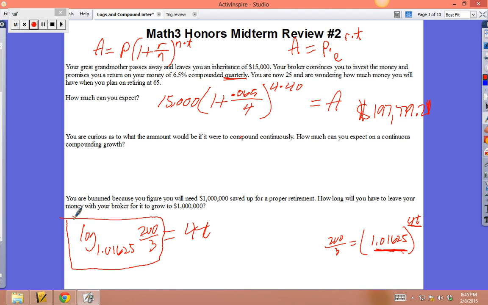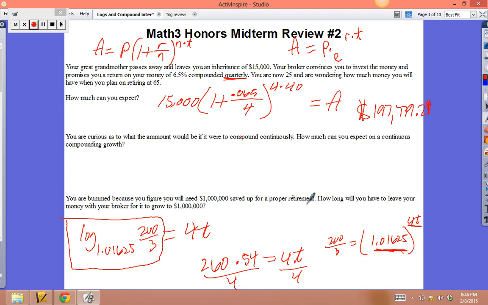So log and base, well, let's see. Okay, and that is approximately 260.54 equals 4t. So now I just gotta undo the times by 4, divide that by 4.